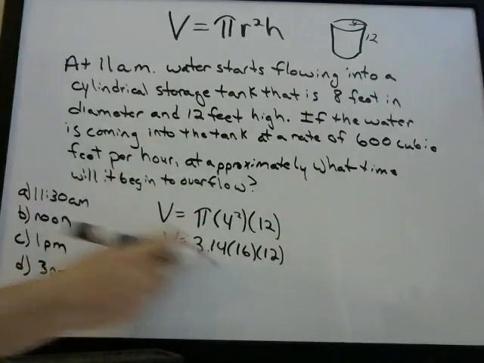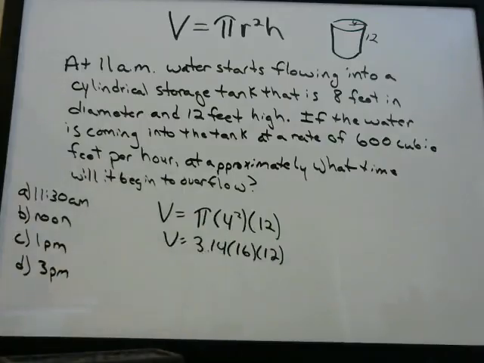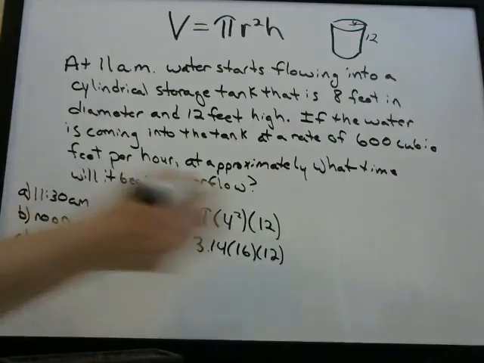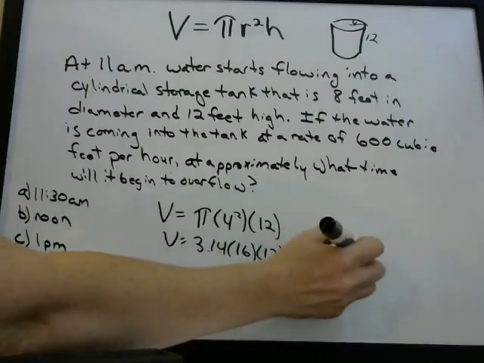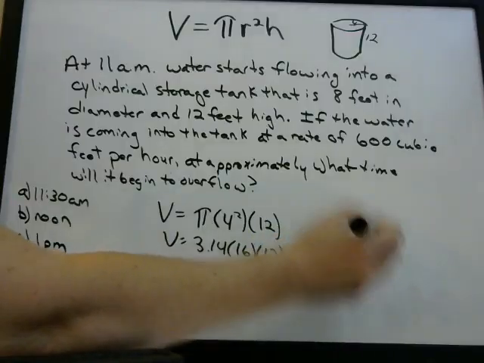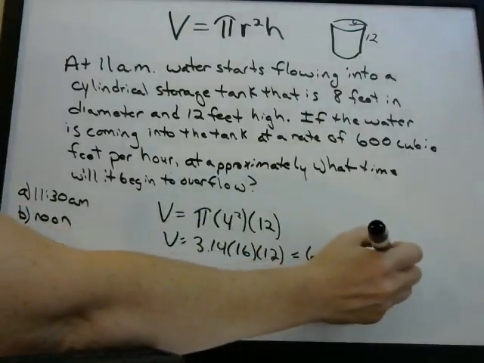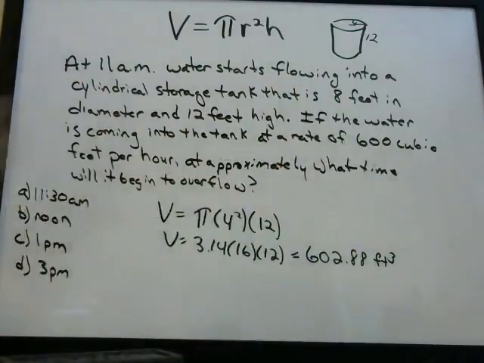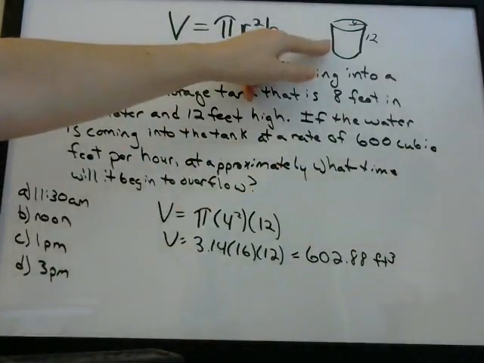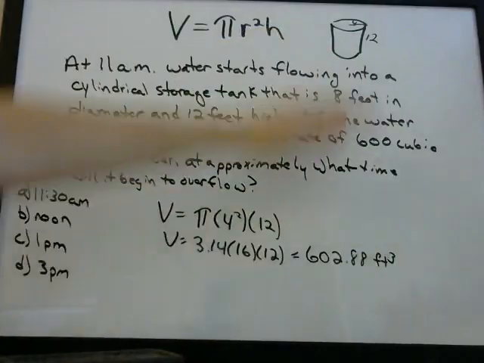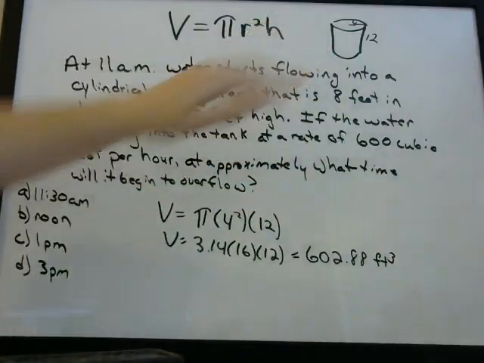So if you put that in your calculator, 3.14 times 16 times 12, you're going to get 602.88, and remember the units are cubic feet. So that's the volume of this storage tank. That's how much it can hold.